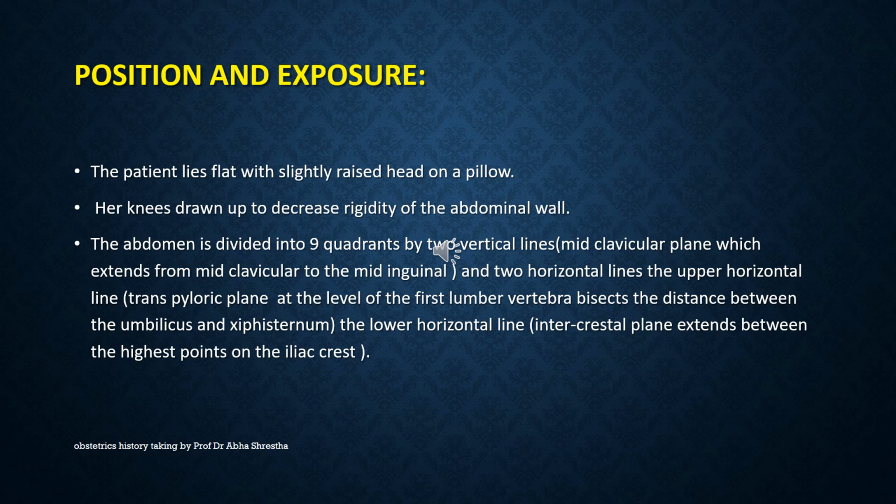The upper horizontal line, that is the transpyloric plane at the level of the first lumbar vertebra, bisects the distance between the umbilicus and the xiphisternum, and the lower horizontal line, that is the intercrestal plane, extends between the highest points of the iliac crest. This division is very important to know because if we see any mass or any kind of scar, then we can note it correctly, giving a definite name.